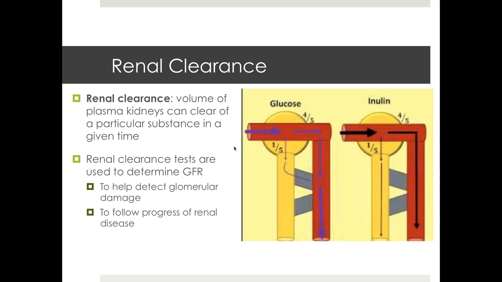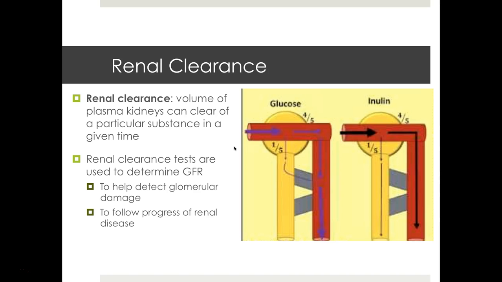So we want our unwanted ions to be cleared from our blood, and we're checking that with this renal clearance test. And what they're really used for is to determine the GFR. So we can use this to help detect glomerular damage or follow progress of renal disease.